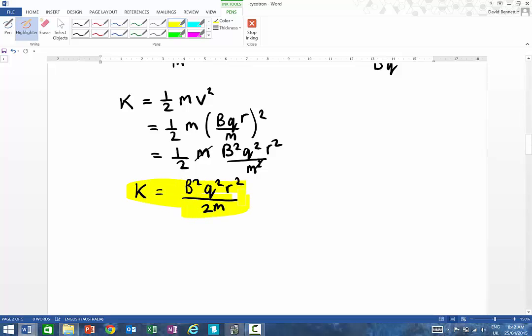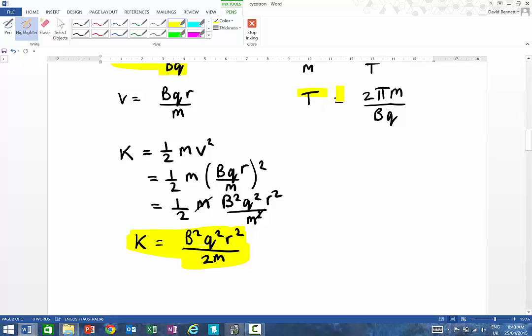Now you could be asked to derive this one, that's probably something they might do, or they could ask you to derive or show that the period of rotation is independent of the actual radius. Alright, so you need to be familiar with all of these different forms of the formula.